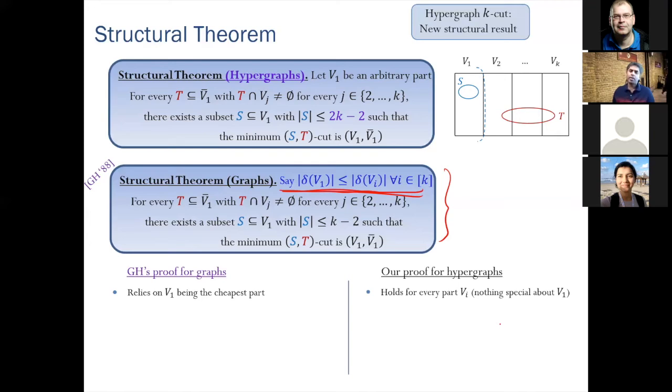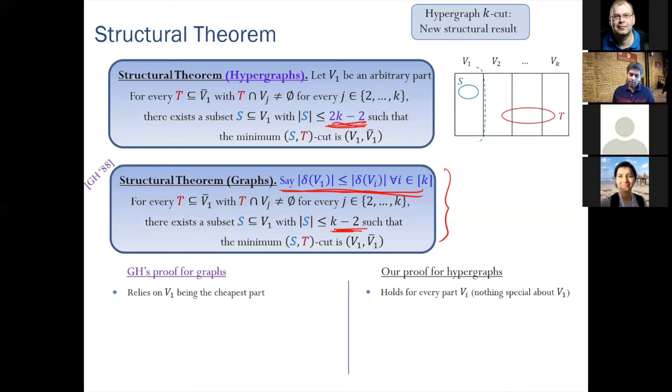But on the other hand, since our structural theorem is trying to find an arbitrary part of the optimum K partition, the bound on the size of S that we get is weaker than the bound on the size of S given by Goldschmidt and Hochbaum. We get a bound of 2k minus 2, they get a bound of k minus 2.